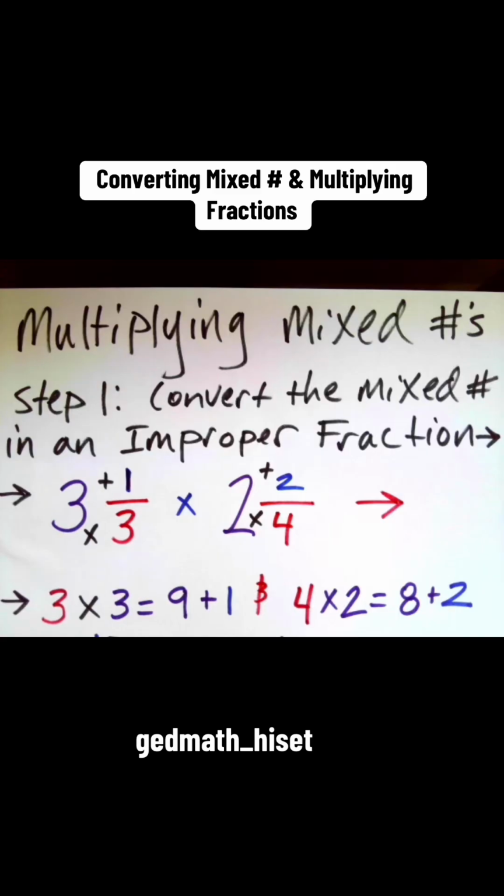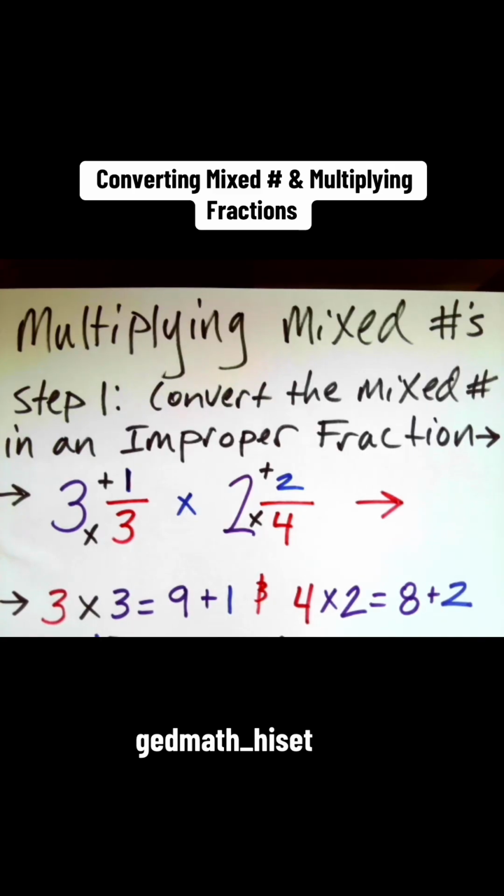So here, when you have mixed numbers and you're not working with proper or improper fractions, you still multiply top to top and bottom to bottom, but step one would be to convert the mixed number into an improper fraction. So we have 3 1/3 times 2 2/4. And if you need to review converting mixed numbers to improper fractions, go ahead and review my video.